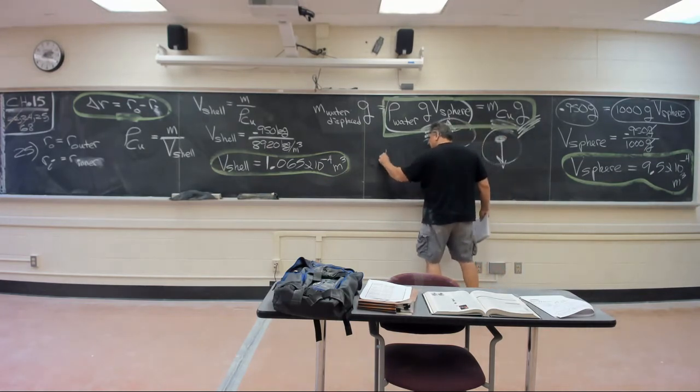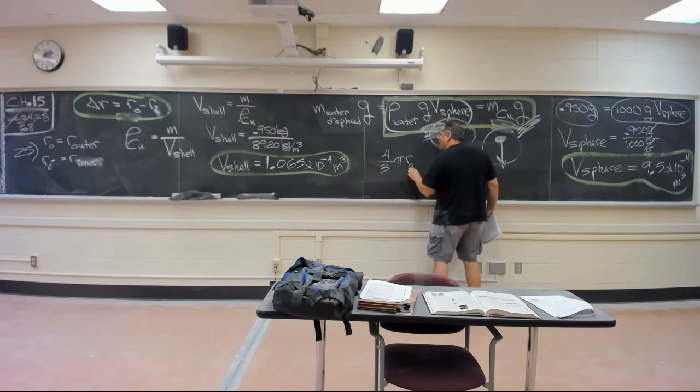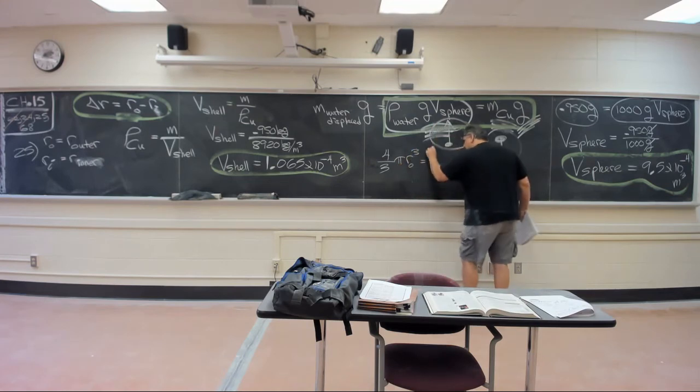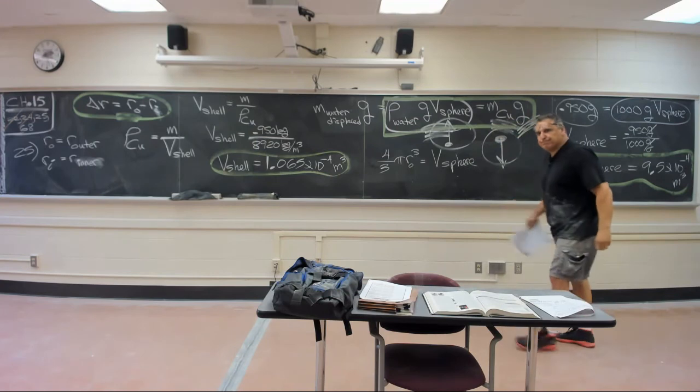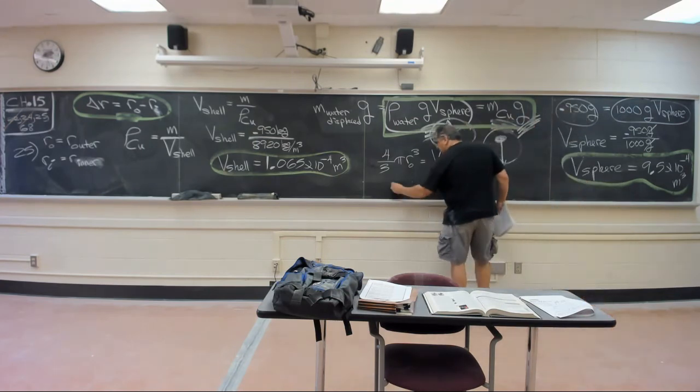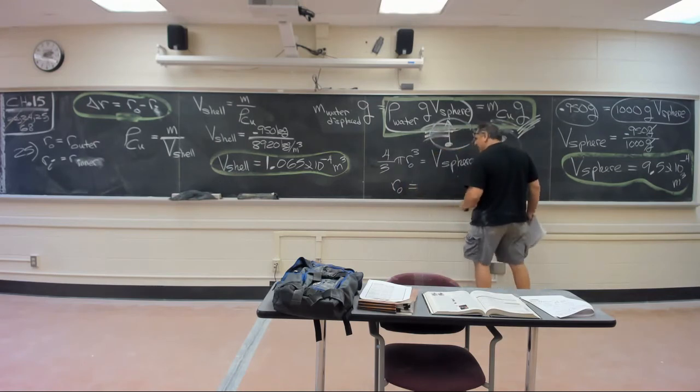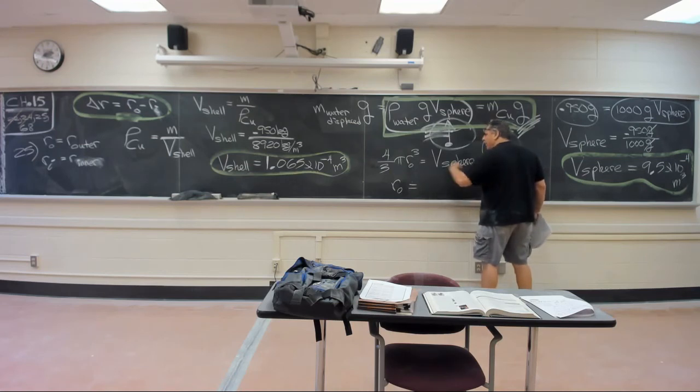Do you agree that 4/3 pi r outer cubed is V of the sphere that I've been talking about this whole time? If you solve for r sub o, how do you do it? Well, multiply both sides by 3 and divide both sides by 4 pi.